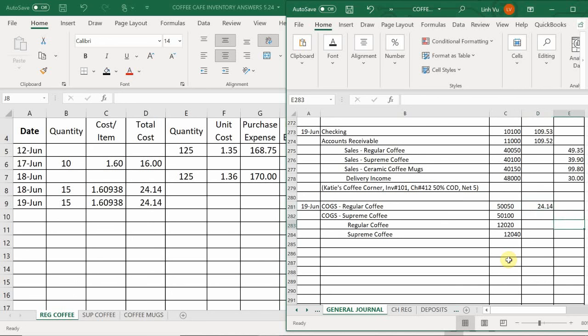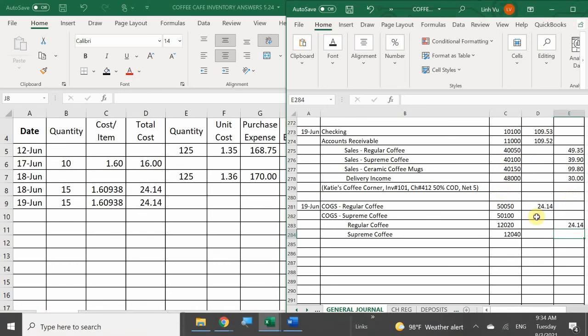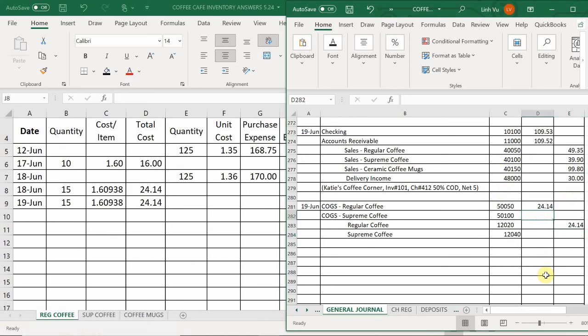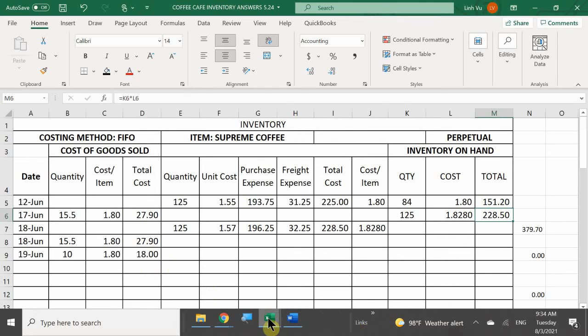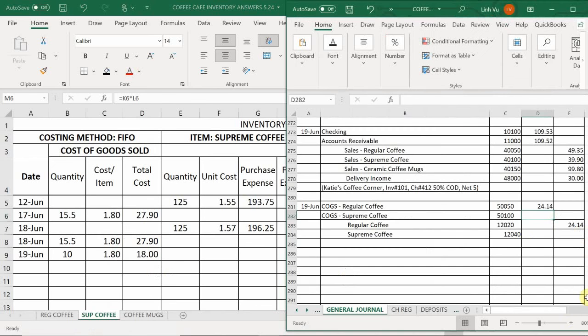And that is how much I'm going to take out from my inventory. How much did it cost me to sell 10 pounds of my Supreme coffee? $18.